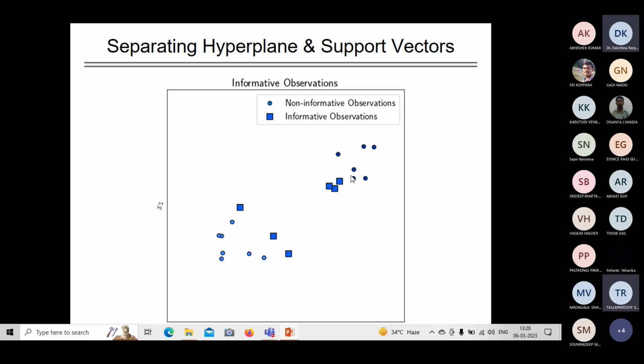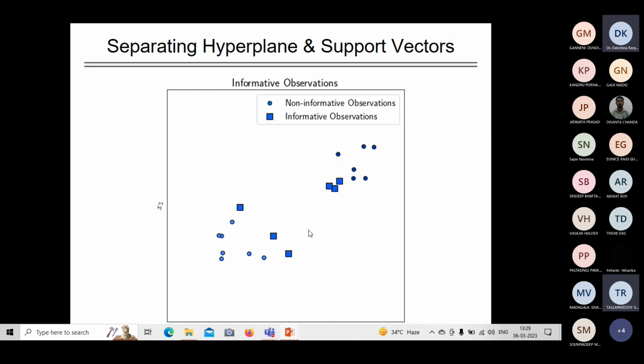Now, if we see the observations or the patterns, all the patterns are not very informative. But there will be some patterns which are very informative observations. Okay, so we can classify the observations into two different groups. One is the non-informative observations, another is informative observations. Okay.